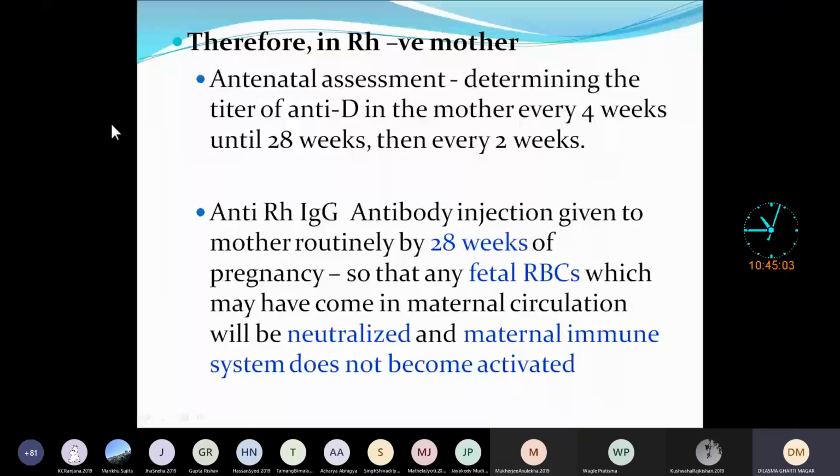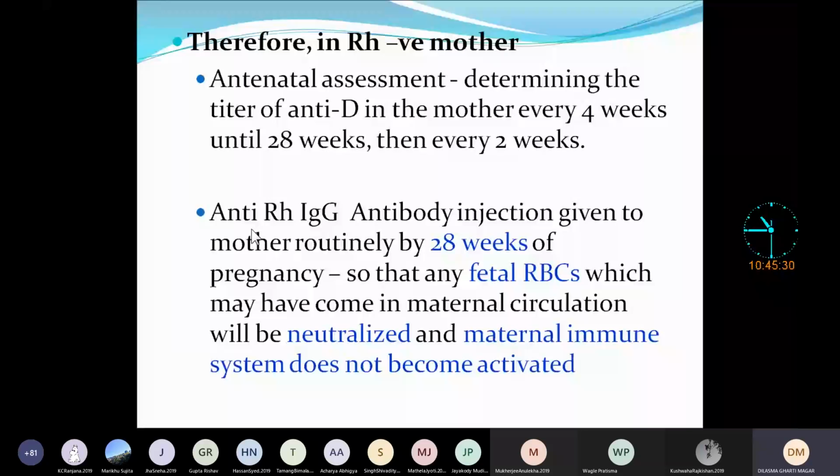So now, whenever the mother is Rh negative, during the antenatal assessment we have to determine the anti-D titer, to see how much anti-D is formed in the mother, every 4 weeks until 28 weeks. The baby will be delivered at 38 or 40 weeks, isn't it? So every 4 weeks till 28 weeks we do this anti-D titer, and then every 2 weeks.